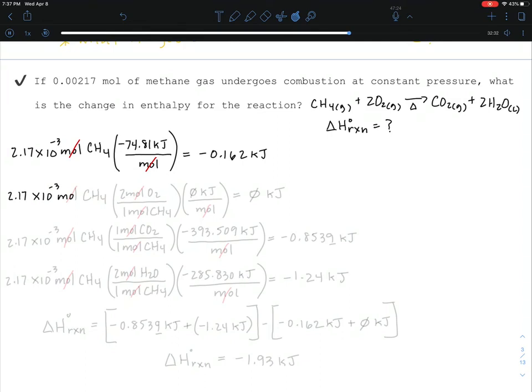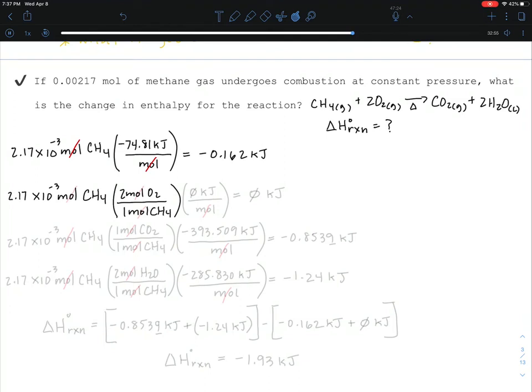I'm going to start out with the amount of methane that they said we were using, because that's all the information that you have. And then I'm going to go back to the balanced equation, and I'm going to say, okay, I'm just going to go from left to right. I see that 2 moles of O2 are consumed when 1 mole of methane reacts with it.